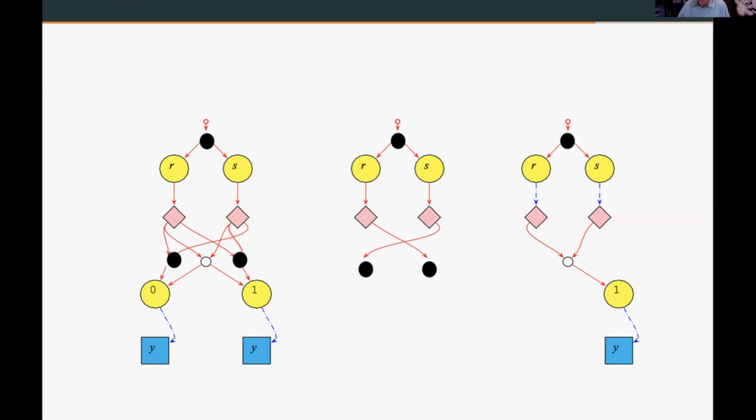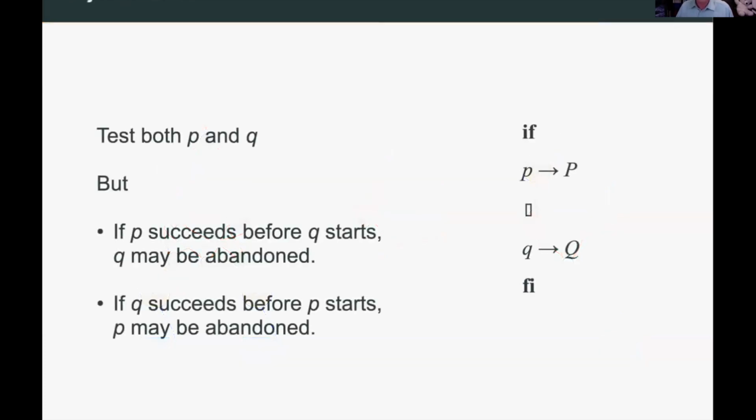R and S are both true, actually, so they both reach the choice point at the bottom, the circle, and in this case the choice was to go right and assign 1.